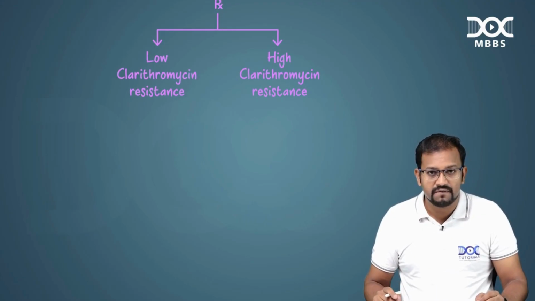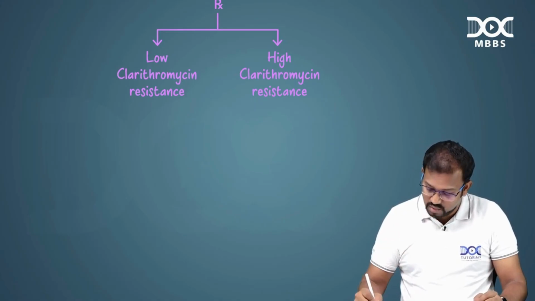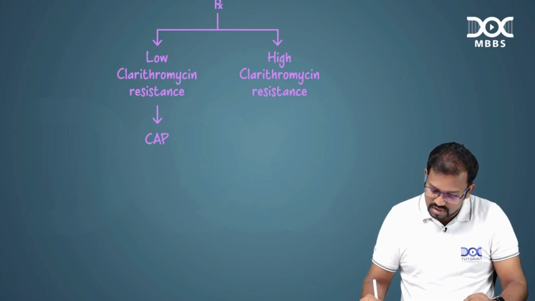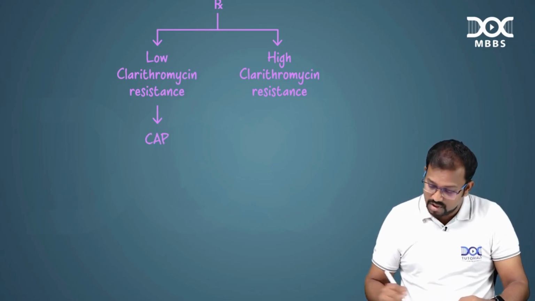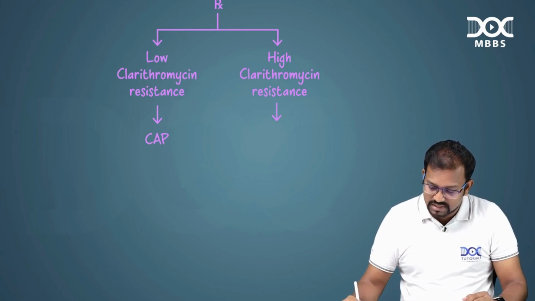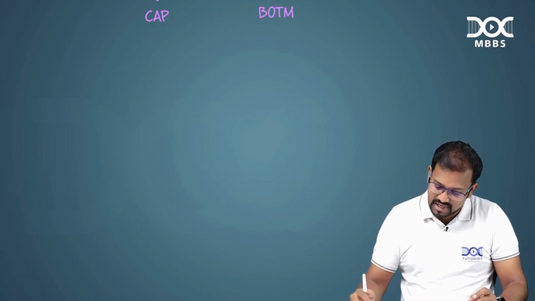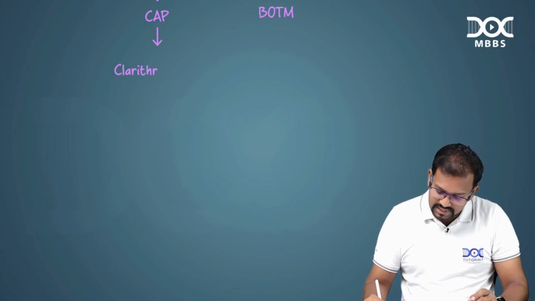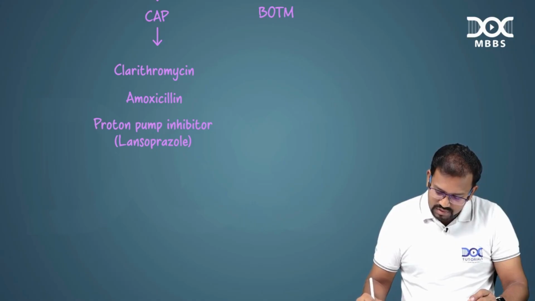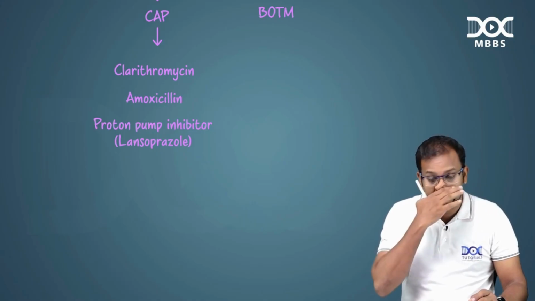If a patient has been infected with H. pylori in an area where there is low clarithromycin resistance, we use the CAP regimen. On the other hand, if there is high clarithromycin resistance, we use the BOTM regimen. What is the CAP regimen and the BOTM regimen? C stands for clarithromycin, A stands for amoxicillin, and P stands for proton pump inhibitor, and we use lansoprazole in this condition.